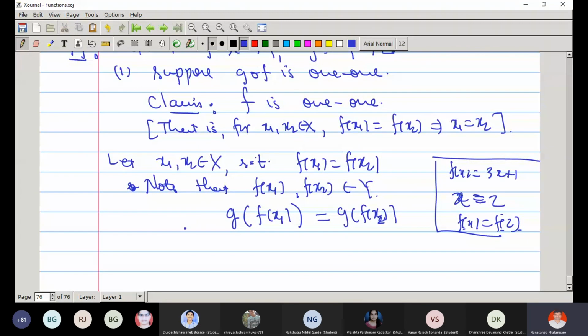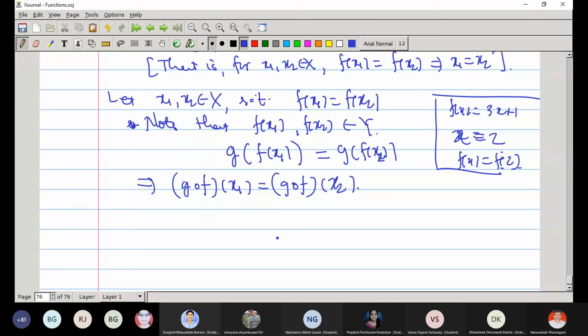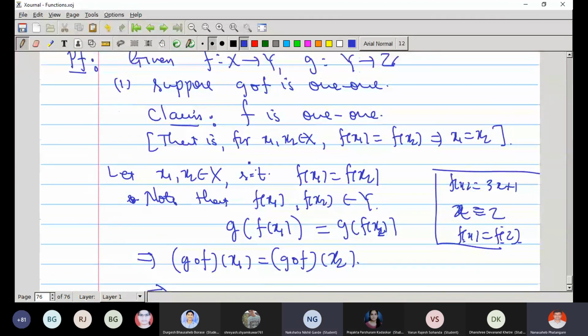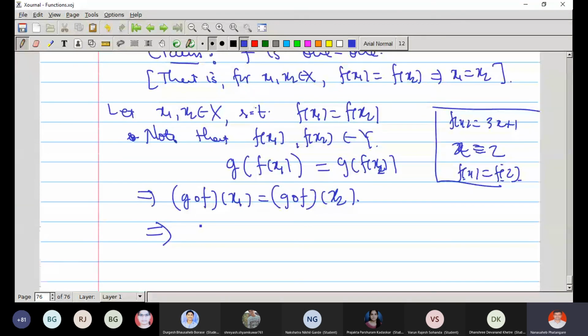But this is same as g composite f of x1 equal to g composite f of x2.